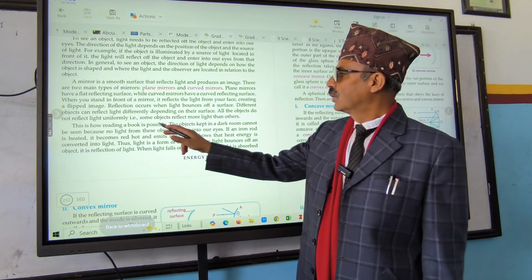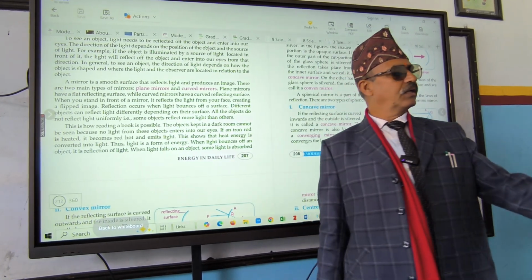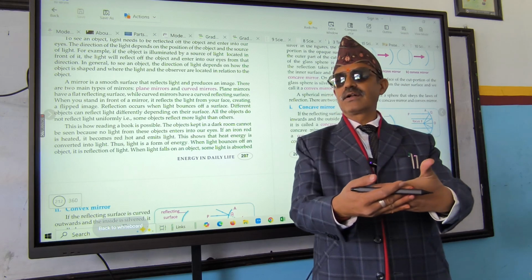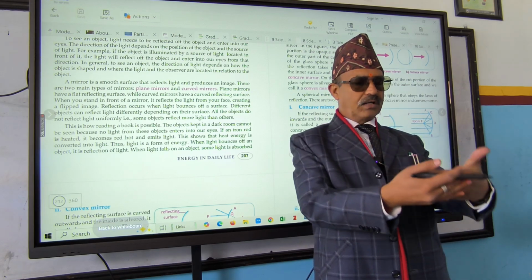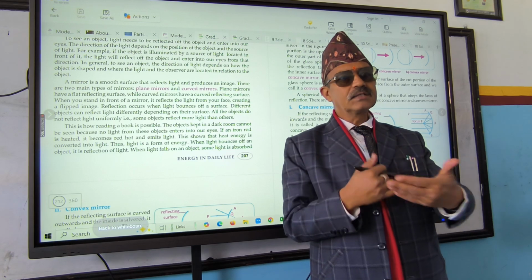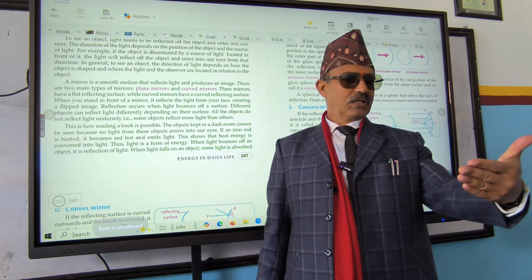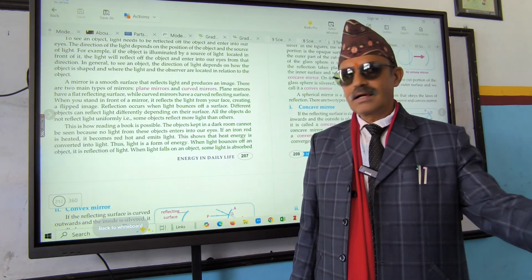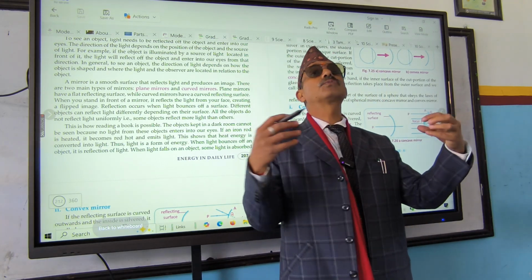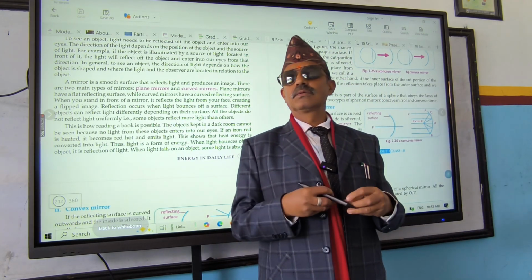So, if I say, okay, read the book, for reading the book you have to look towards the pages, or not? When you look towards the pages, reflected light falls in your eyes, then you can see. If the book is in front and the eyes are on this side, then how can I read? Possible? Again, for reading there must be attention and concentration.